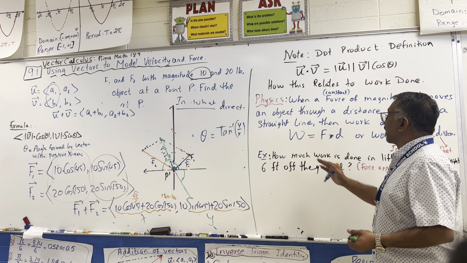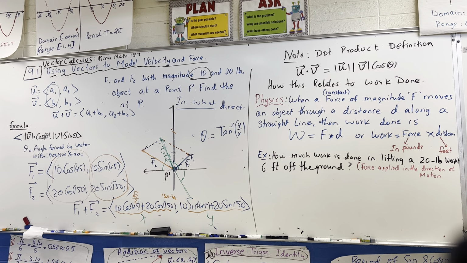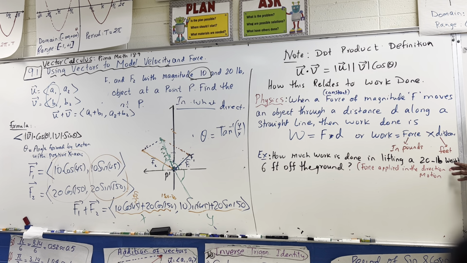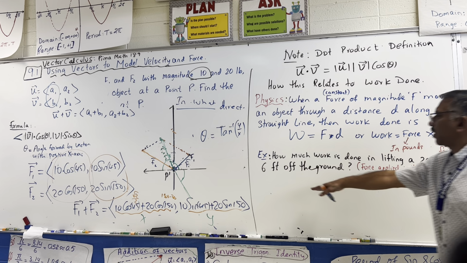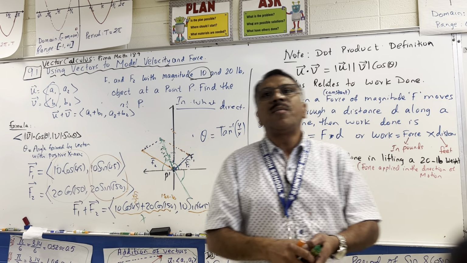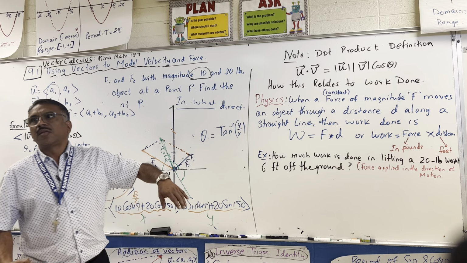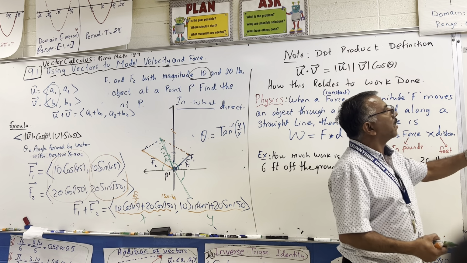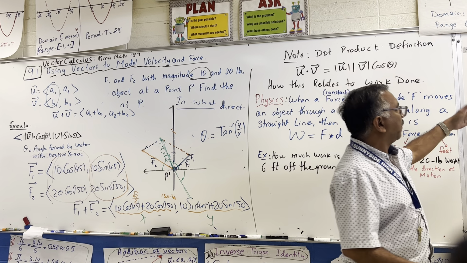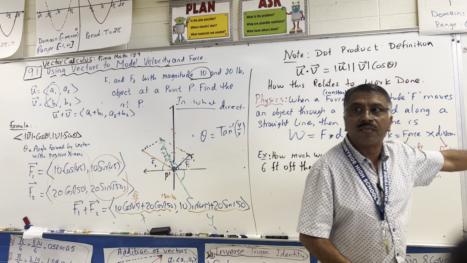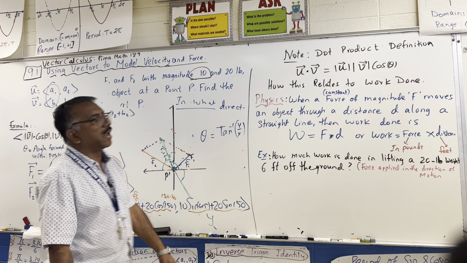So in this example, watch this: how much work is done in lifting a 20-pound weight 6 feet off the ground? I will make a video separately on this, because everything cannot be completed. And there is another problem on motion where work is done in vector form, we'll see that. I'll make a video in the evening and hope that helps.